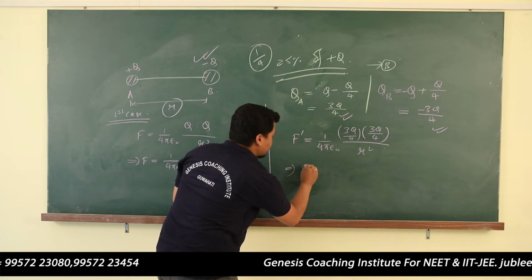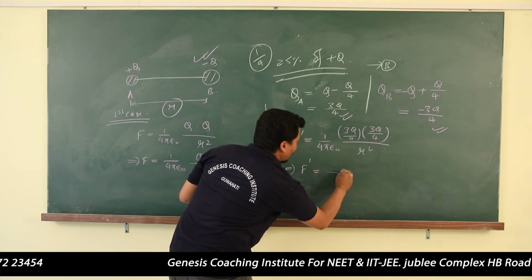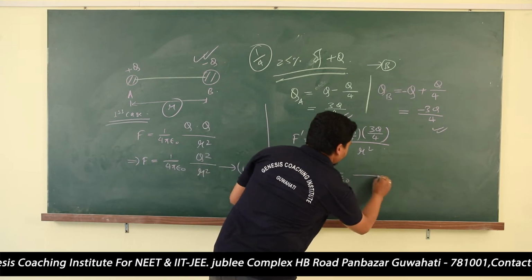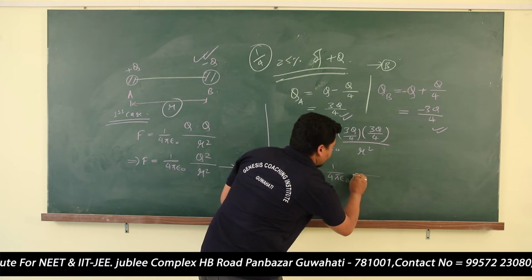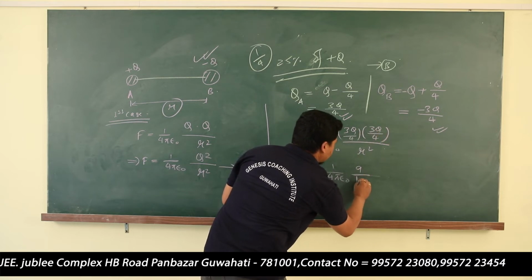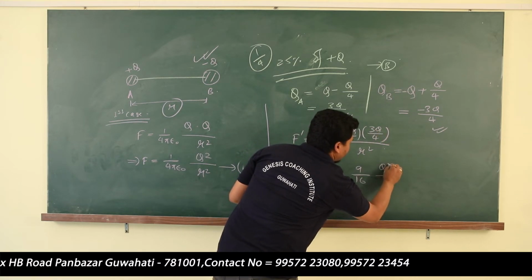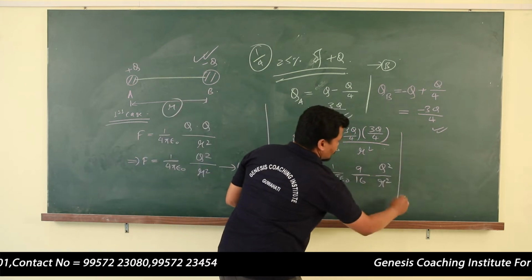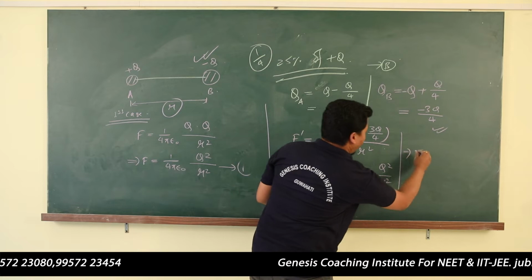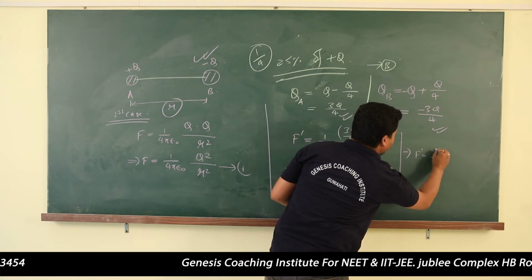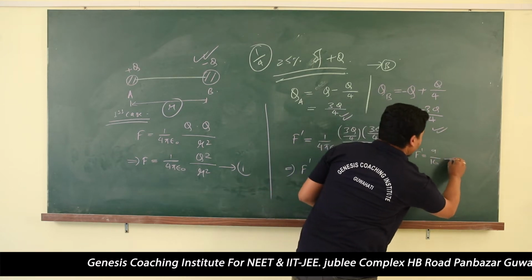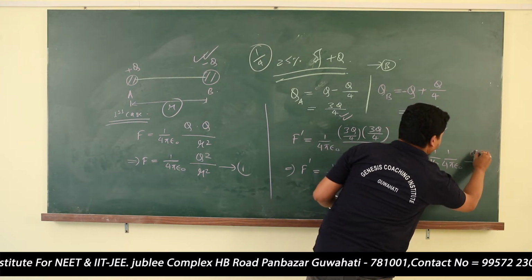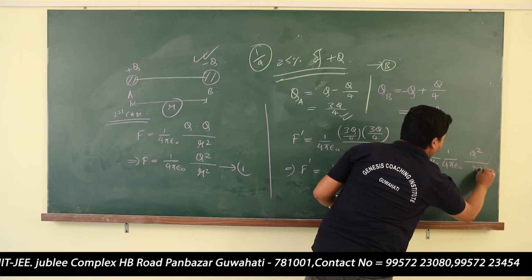F dash equals 1 by 4 pi epsilon naught, 9 by 16 into Q square by R square, or F dash equals 9 by 16 into 1 by 4 pi epsilon naught Q square by R square.